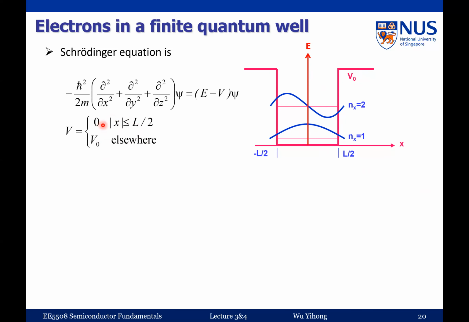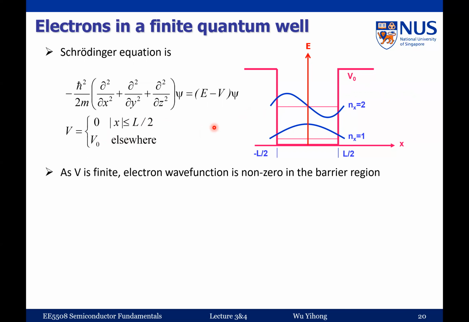This is outside the well, and this is inside the well. Of course you can still solve this Schrodinger equation. I think we just have a break here first, and then after that I come back to this finite quantum well.